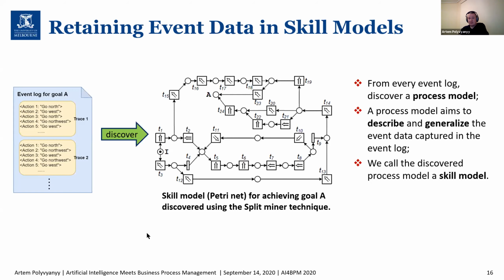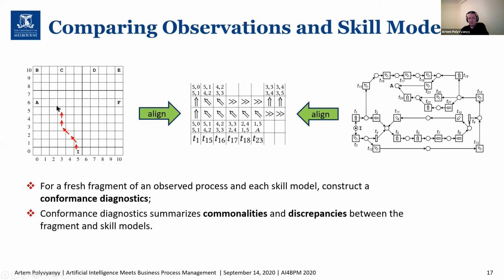So we learned the skill models, and then when we observe this new fragment, new behavior, we perform conformance checking. We construct such a conformance diagnostic between the currently observed trace and the skill model. Actually, we do that for each of the skill models to assess to which of them the current observations align the most.